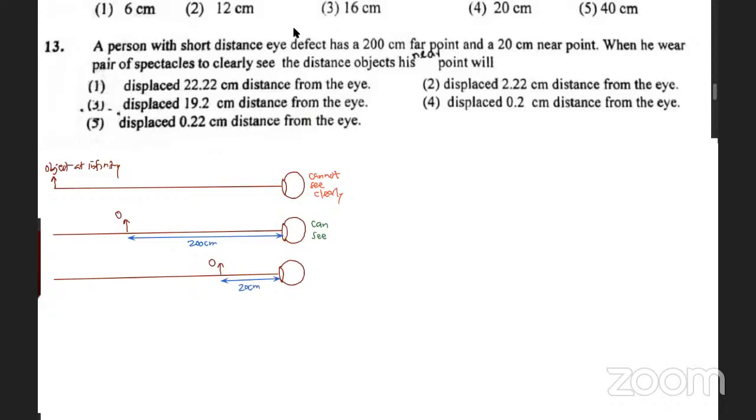Now, what are they doing? He wears a pair of spectacles to clearly see the distant object.